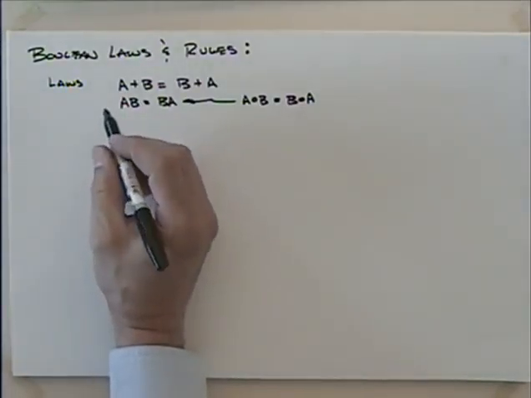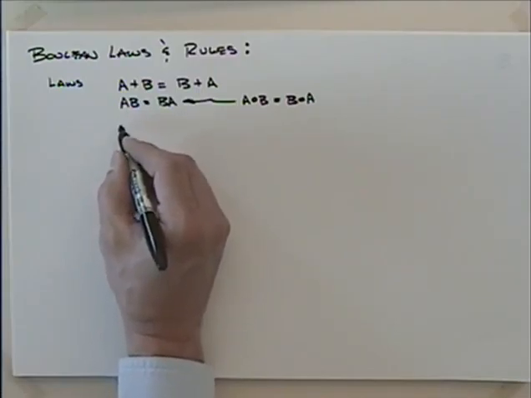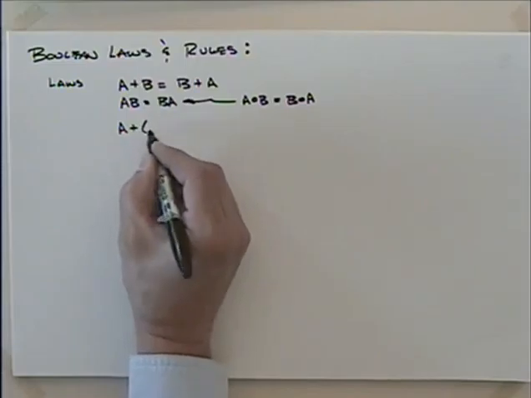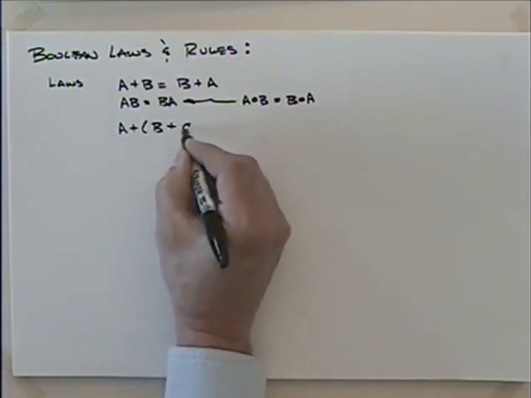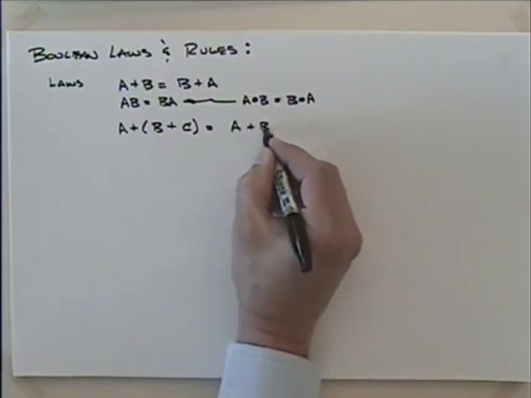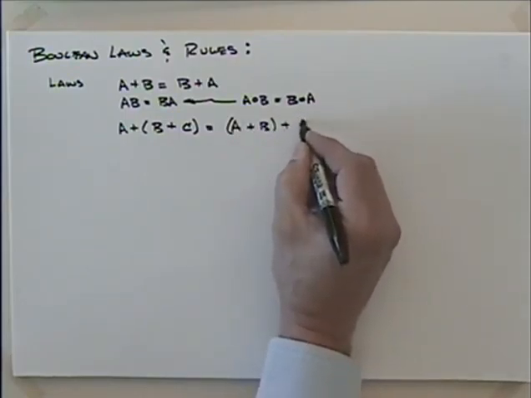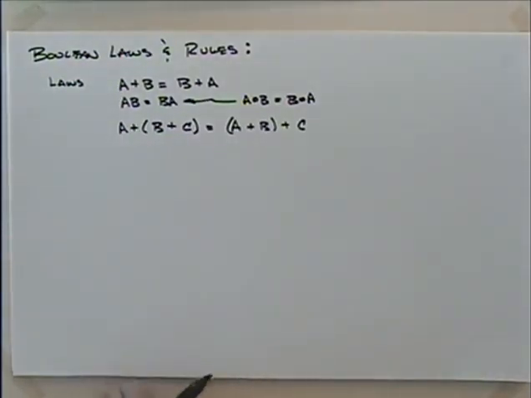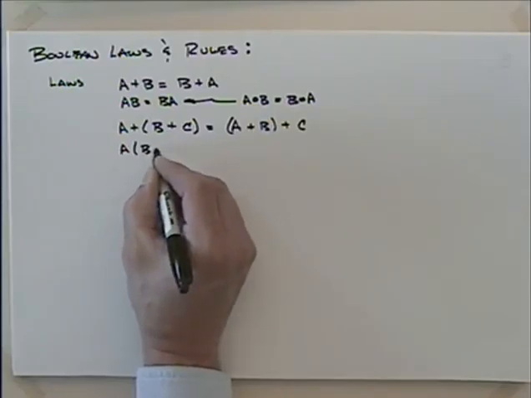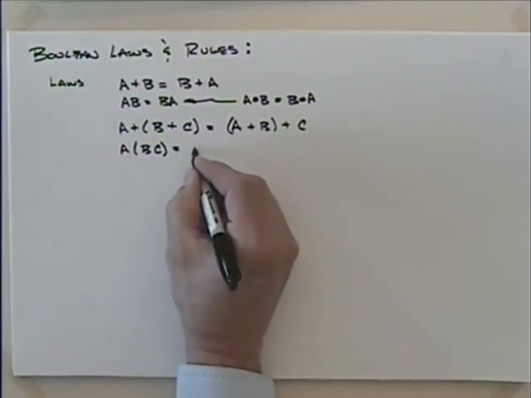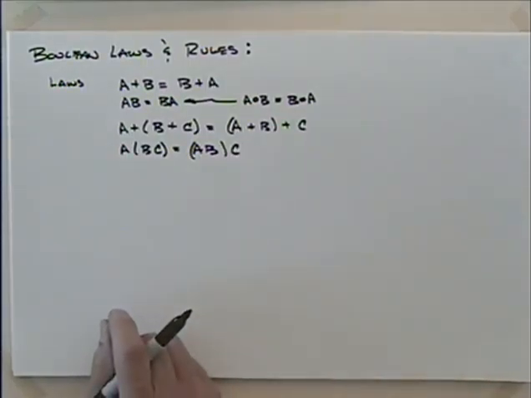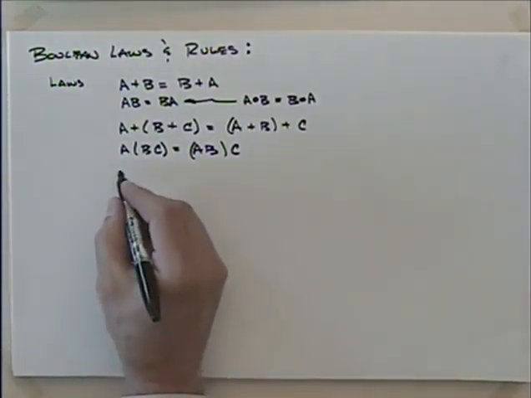So then we have, in terms of grouping, A or B or C would be equal to A or B, ORed with C. So you can factor them. You can factor an AND. And you can distribute.